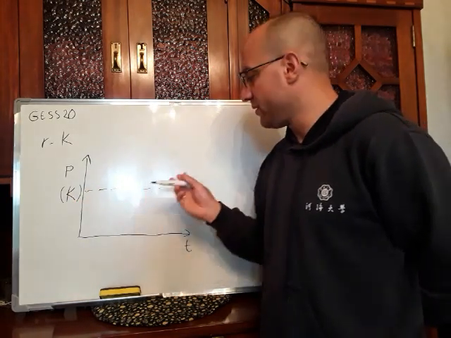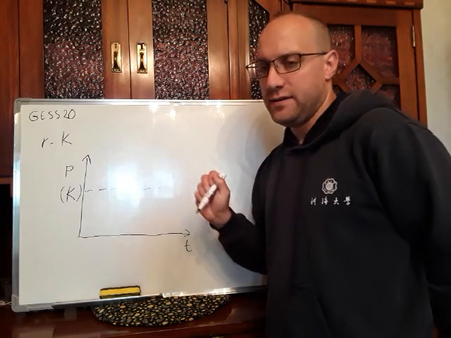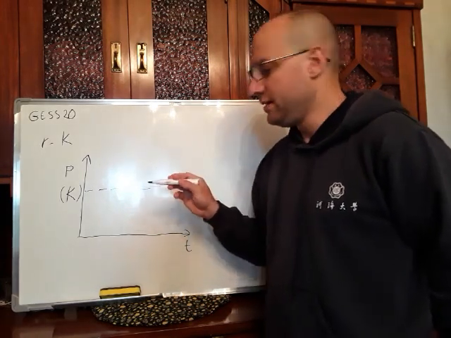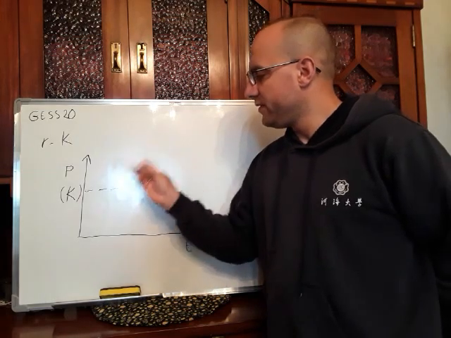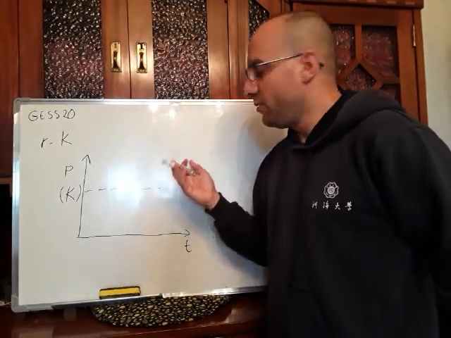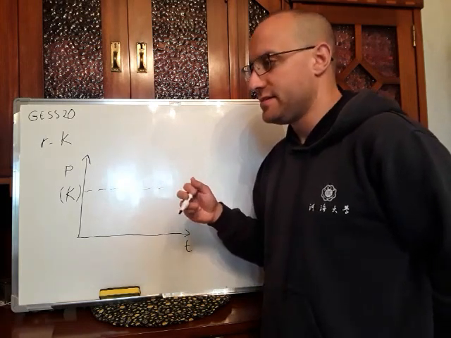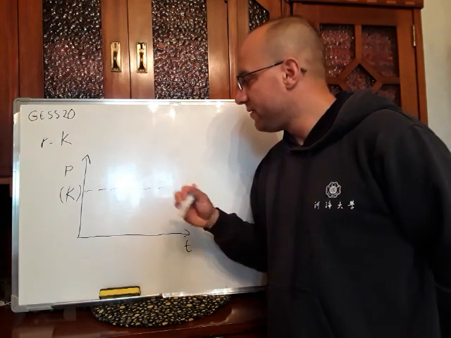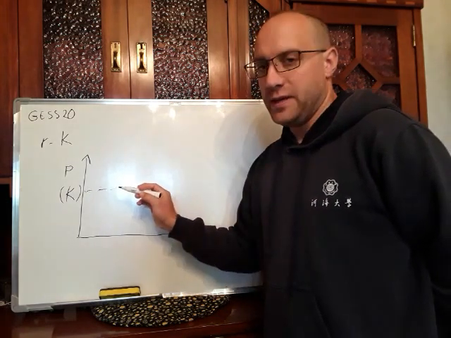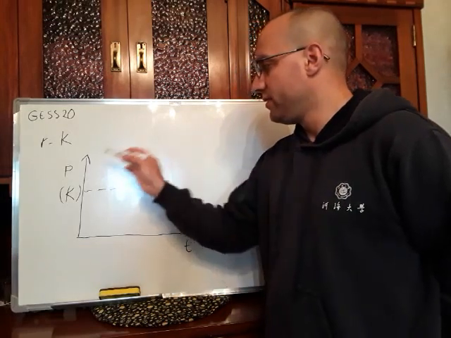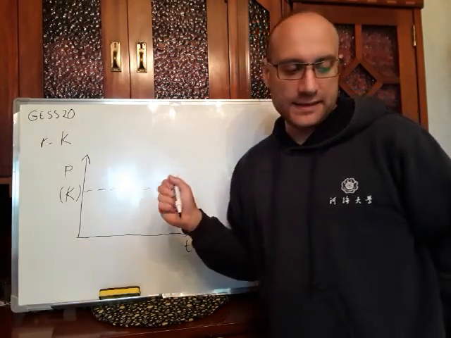So that is a carrying capacity. How many individuals are able to survive in this specific area with specific abundance of resources. So for example, food. How much food do we have? That would be enough for how many individuals? So that is the carrying capacity.